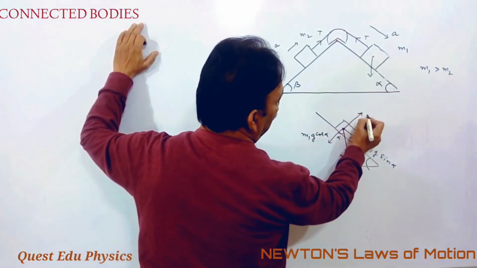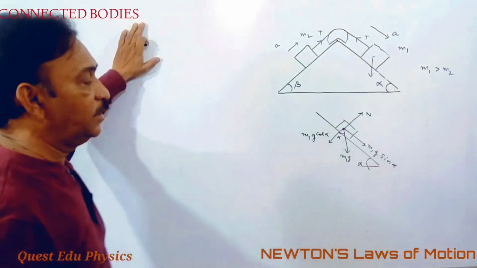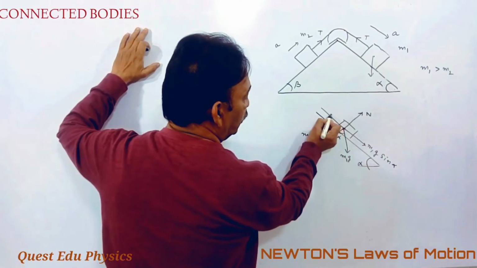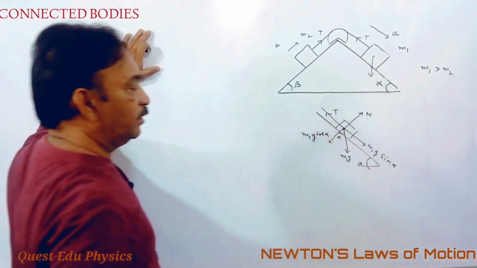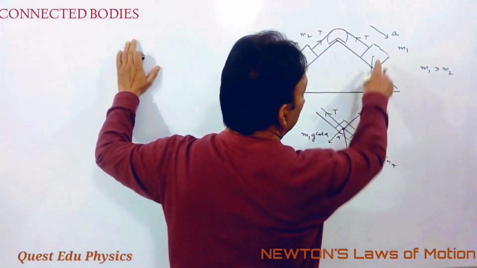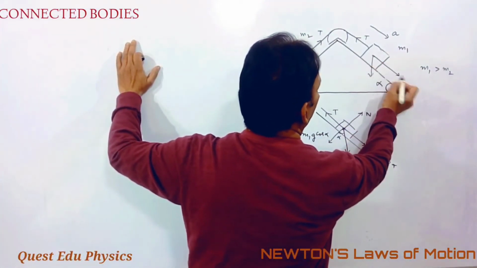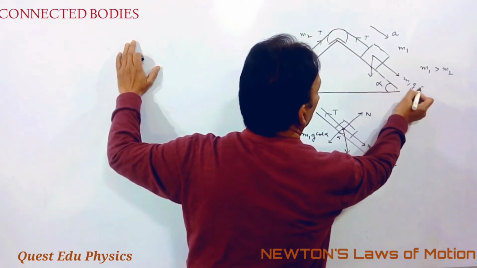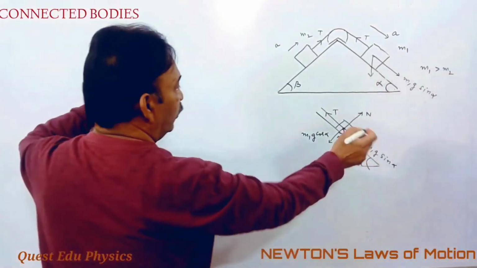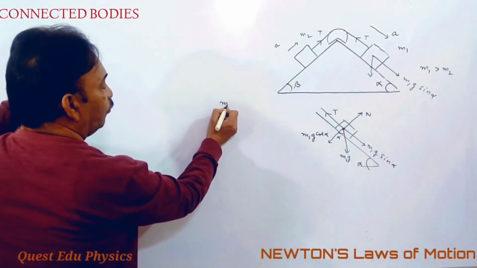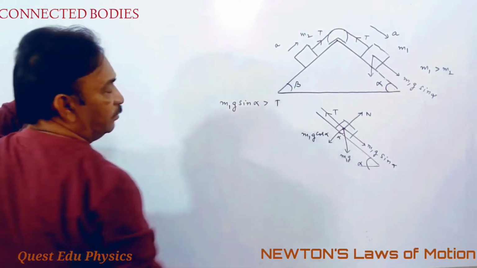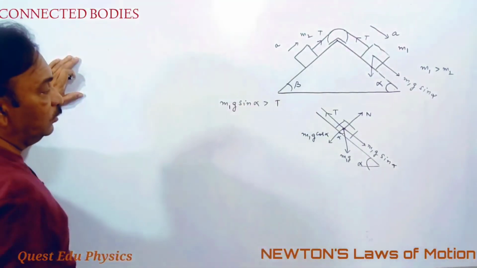M1G cos alpha is balancing with the normal reaction, and M1G sin alpha is connected with the string which is providing the tension there. If you watch it carefully you will find M1G sin alpha is greater than tension in the string. That's why the body is moving down.